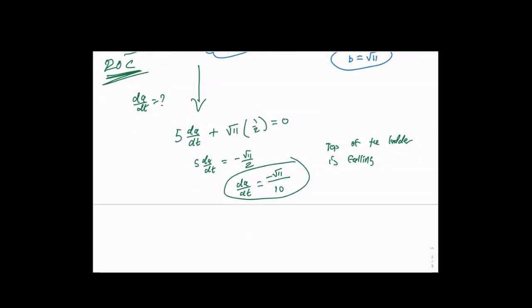But if it's an open response, I need to have context, and I'll say falling at square root of 11 over 10 meters per second. We never say increasing by negative, and if you say falling at negative, that's a double negative, which wouldn't make sense.